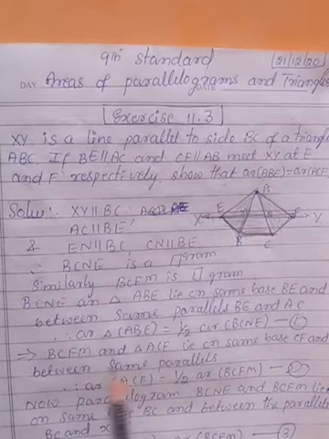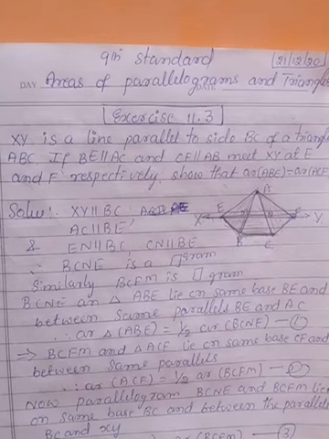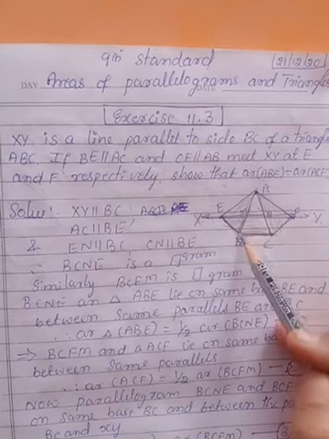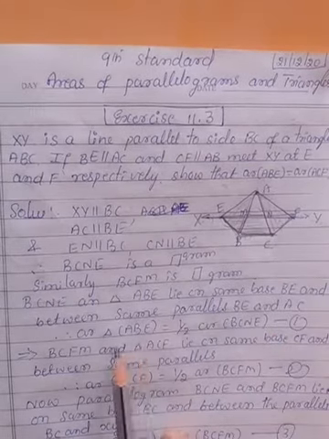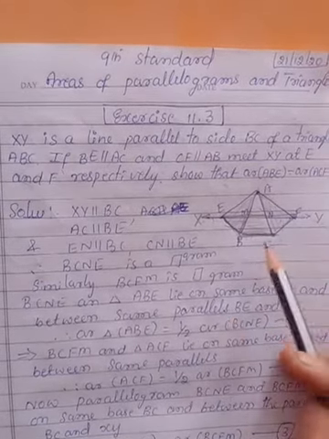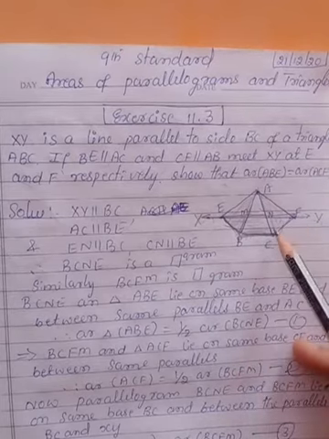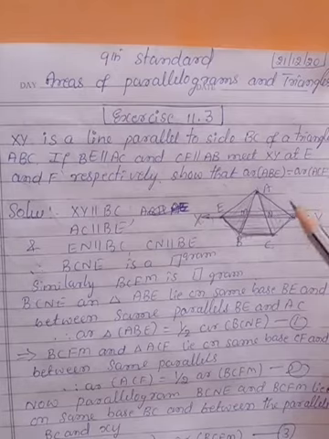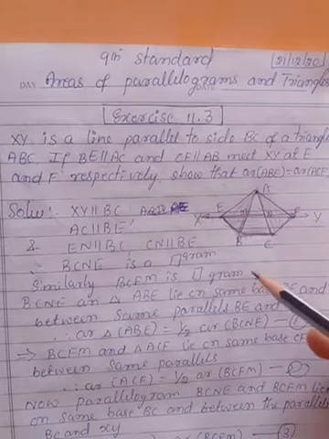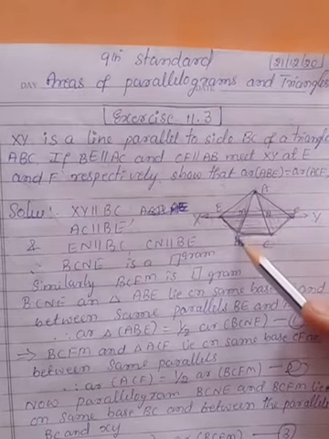So, the parallelograms are equal in area, and in that, ABE, because it is a triangle on the same base, will be half of BCNE.